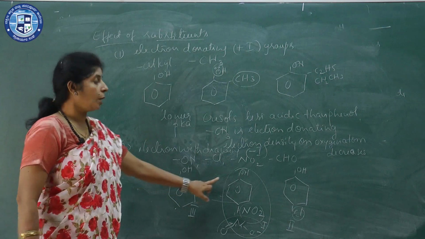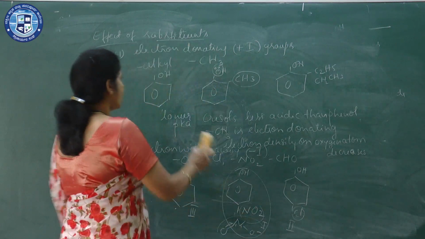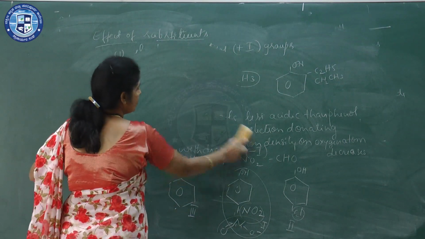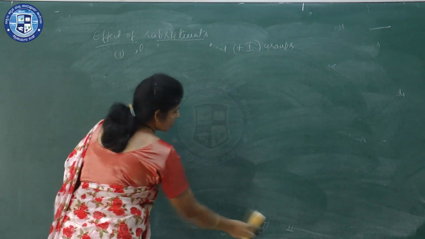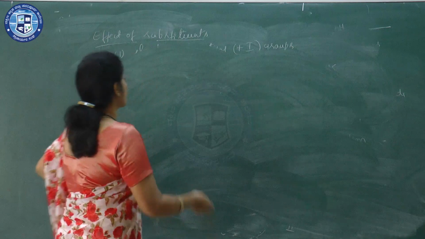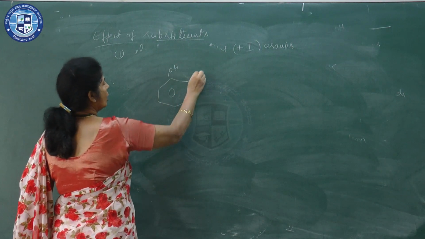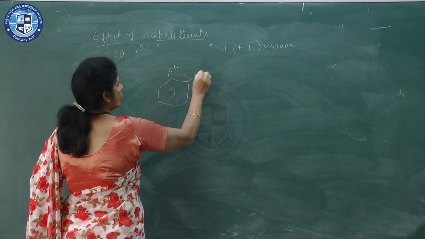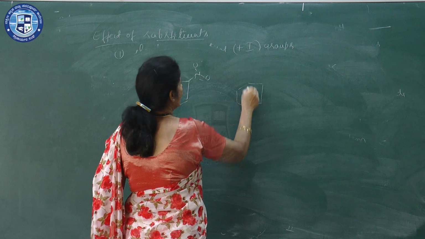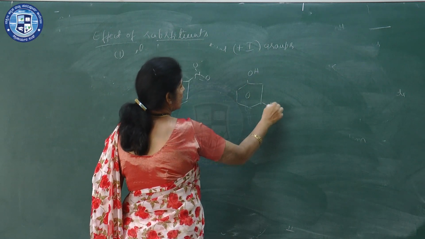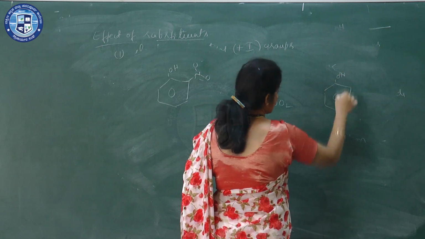Now let us come to the point of ortho, meta and para nitrophenol. Try to compare the acidic characters. Right? So let us go for that one. Acidic character of the three: ortho nitrophenol, this is one, and meta nitrophenol, and the last one is para nitrophenol.